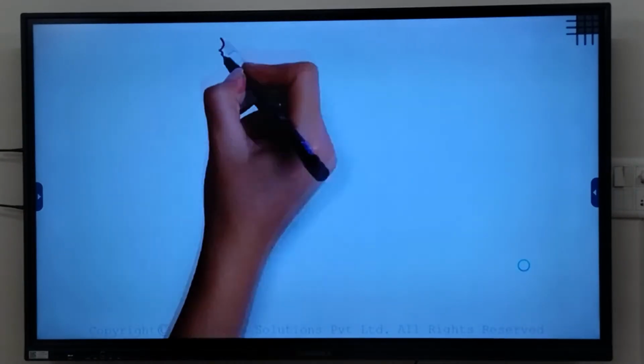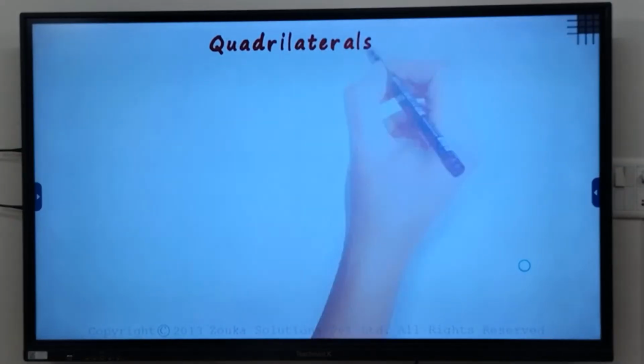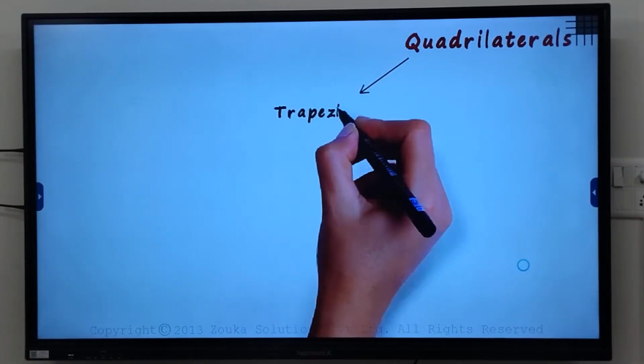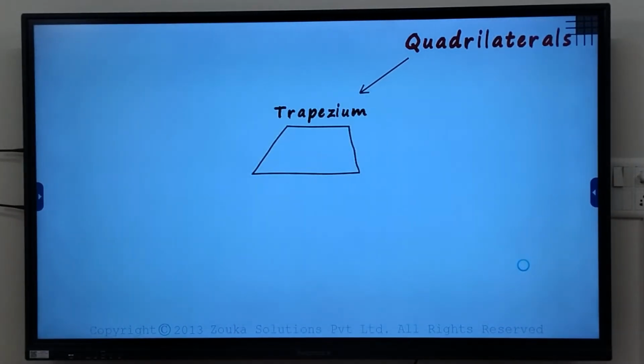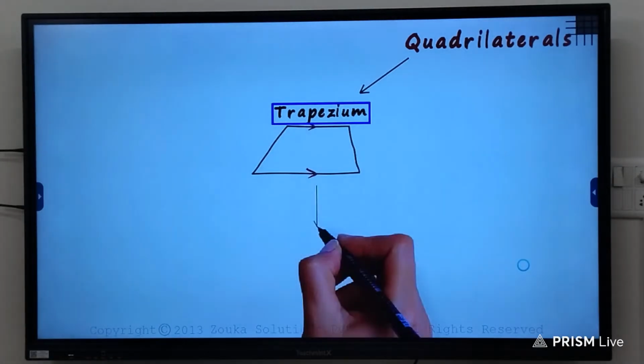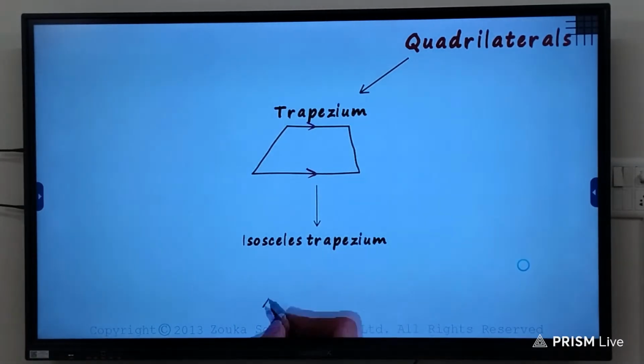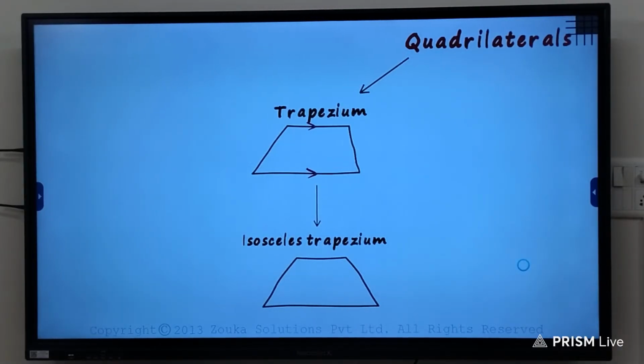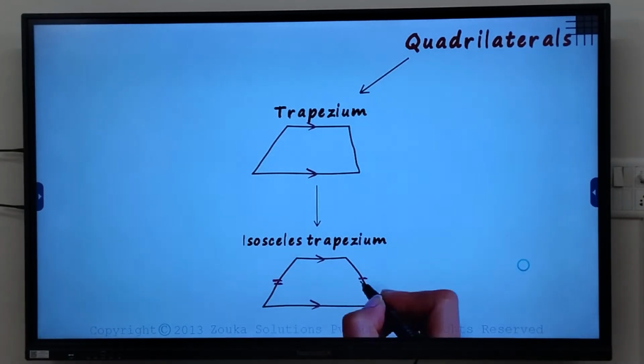We will now review the types of quadrilaterals and how they are interrelated. The first kind we studied was a trapezium. It looked something like this. It had one pair of opposite sides which are parallel. This is the only condition for a trapezium. One pair of opposite sides is parallel. A special case of trapezium was an isosceles trapezium. This is how it looked. Just like the trapezium, one pair of opposite sides is parallel, and the non-parallel sides are equal.